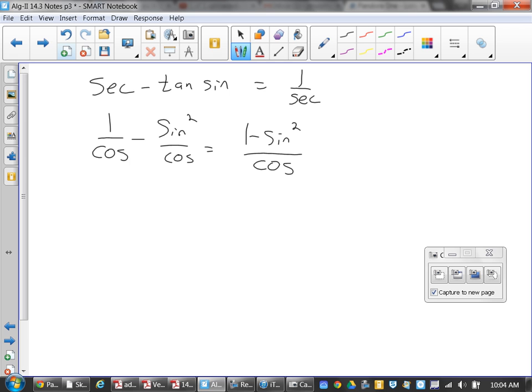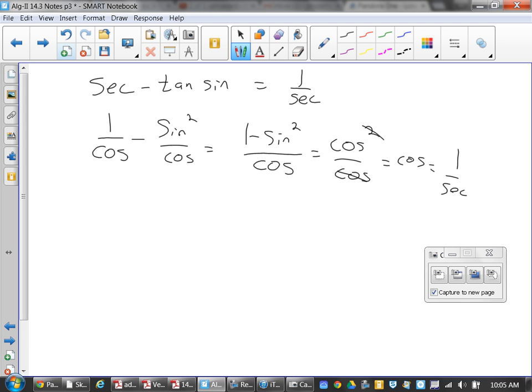Why is it not secant then? Because it equals cosine squared. Did I write down the wrong equal thing? Equals secant. Oh, yeah, hold on. So then you have cosine squared. I was freaking out that I had it written down wrong. So you get cosine, which is 1 over secant.